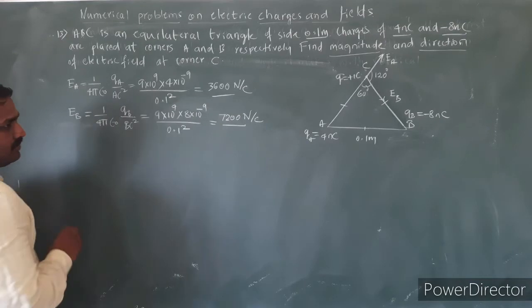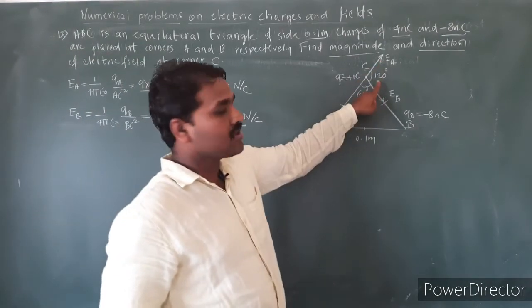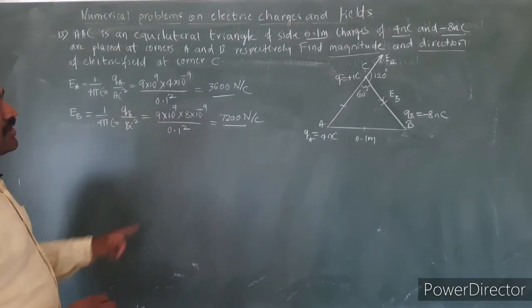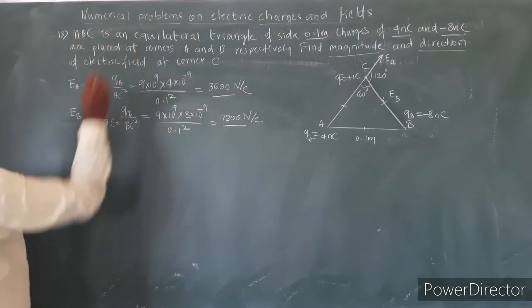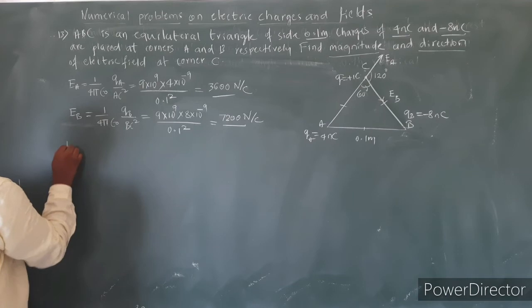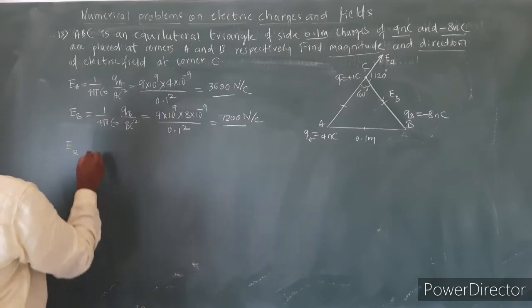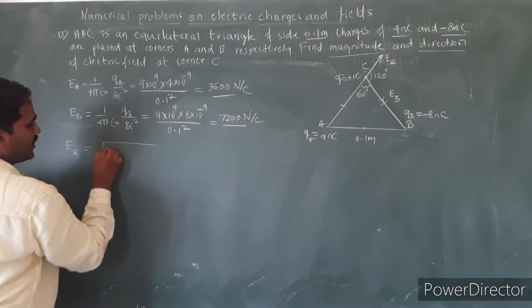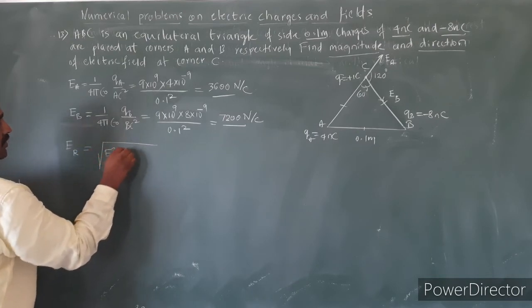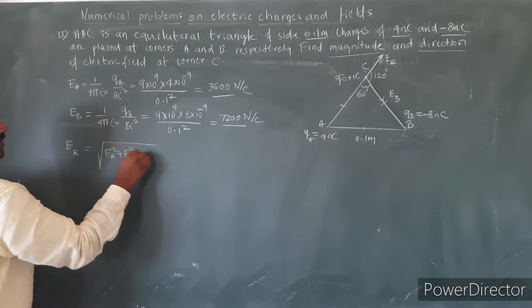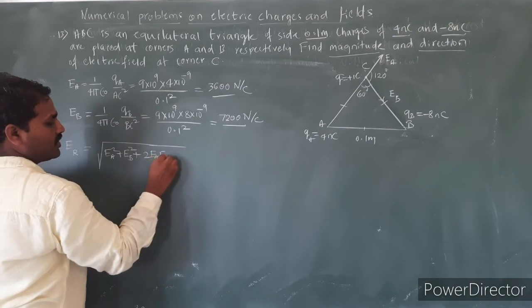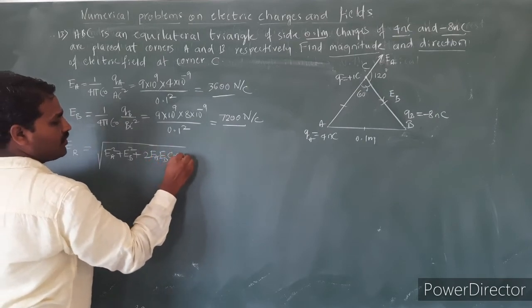Okay, the angle between these two vectors is 120 degrees, and let us find the resultant of these two vectors. Yes, so this I can write as resultant vector ER, that is equal to square root of EA square plus EB square plus 2 times EA into EB into cos theta.